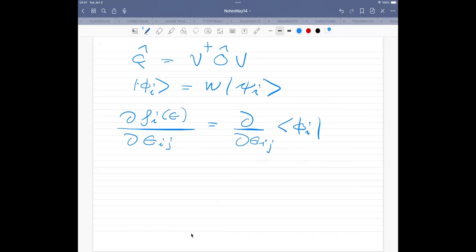Then I have my gate operation, G, complex conjugate, and then I have this operator Q, which I defined here, which now contains V Hermitian transpose times O times V. And this is then multiplied with G of theta ij. So there is a theta ij dependence here as well. And this is again multiplied with phi of I.